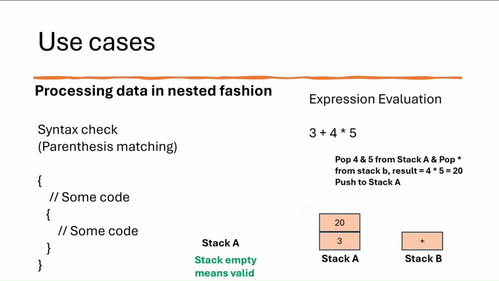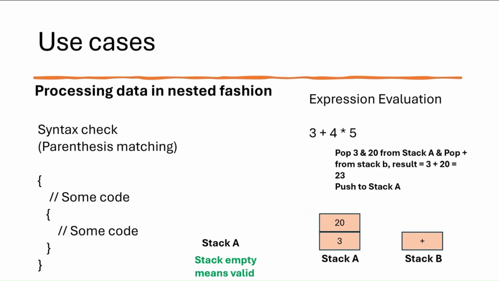Now again it will pop the 20 and 3 from stack A, and plus from stack B, perform the addition and push the 23 to stack A. Now the result is 23. So this is a very simple example of expression evaluation. There are a lot of complex examples also, but you can see that you have to process the expression evaluation in a nested fashion, right?